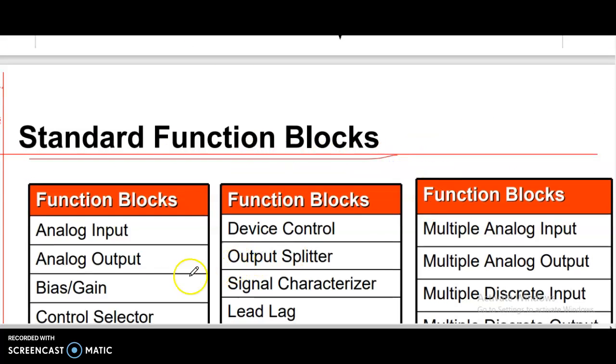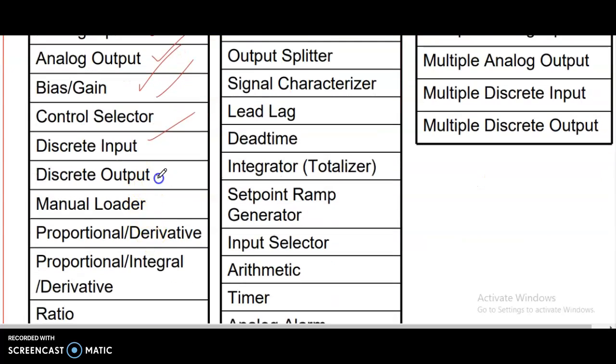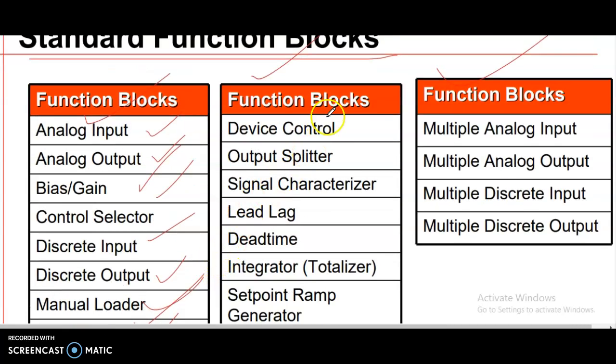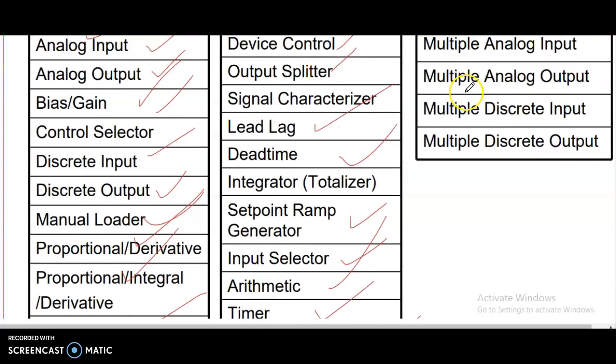Function blocks. Analog input, standard function blocks: analog input, analog output, bias gain, control selector, discrete input, discrete output, manual loader, proportional derivative, proportional integral derivative, ratio, device control, output splitter, signal characterizer, lead lag, dead time, integrator, totalizer, set point ramp generator, input selector, arithmetic, timer, analog alarm.